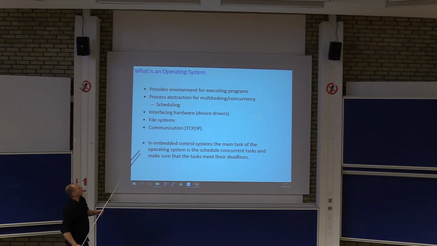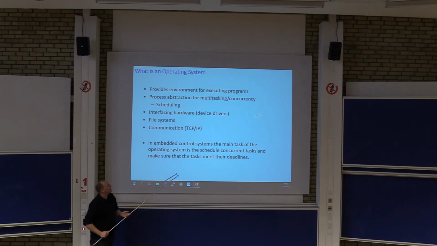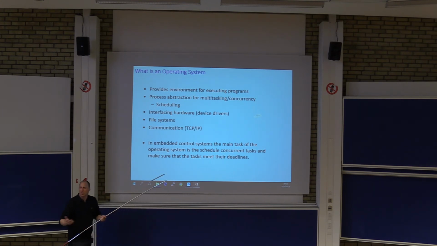The operating system is also in charge of interfacing with the hardware. Here we have the mouse and the screen, but in the applications we have in mind, it's the IMU and the motors instead.